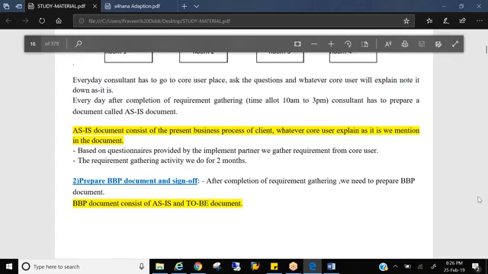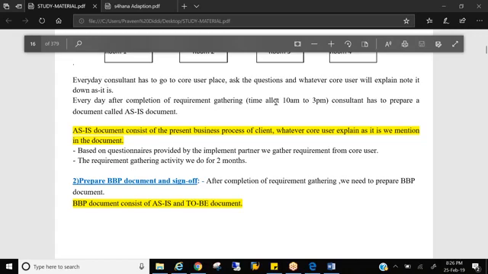Whatever he was telling, you need to make a note, because tomorrow he may say, no, this is not the context I was explaining. My assumption and what I explained is different. You understood it wrong and you put it down wrong, right? So to eliminate these ambiguities, you take down as it is whatever your core user was telling. This activity will repeat for the next 3 months or 6 months.